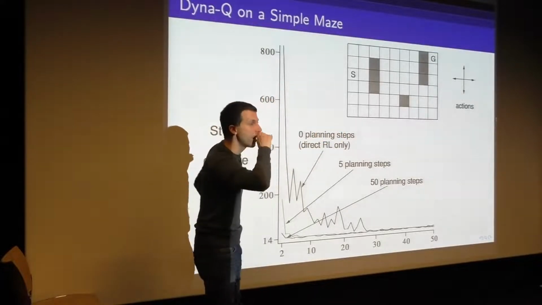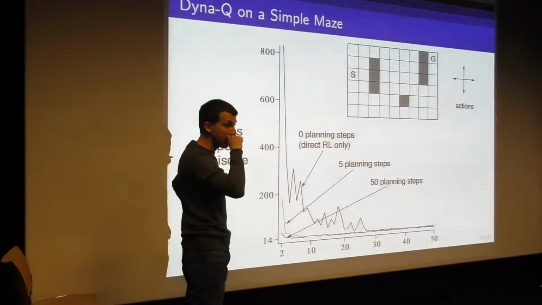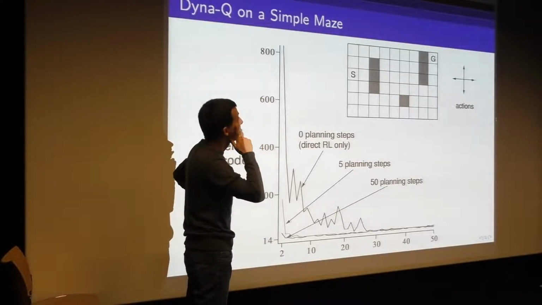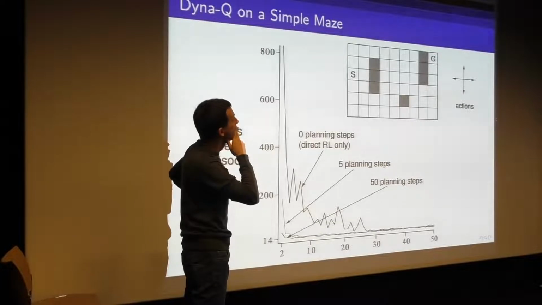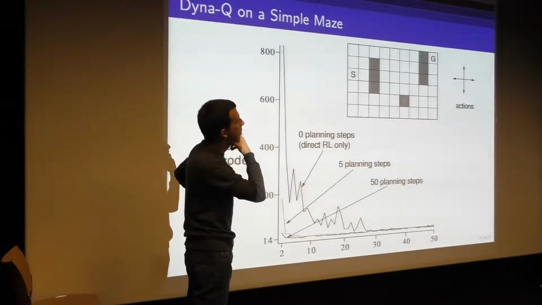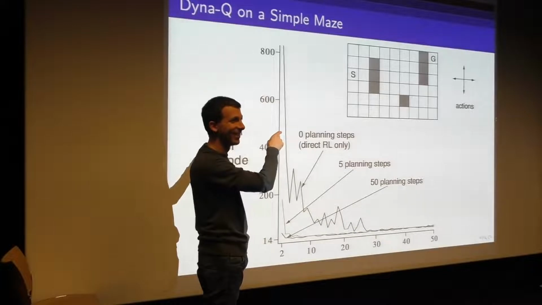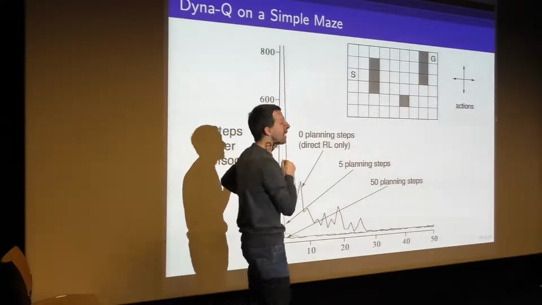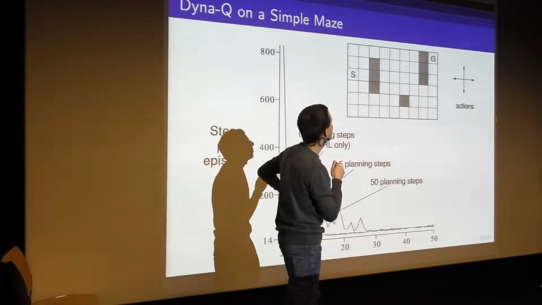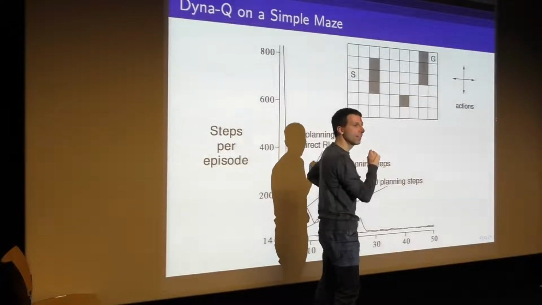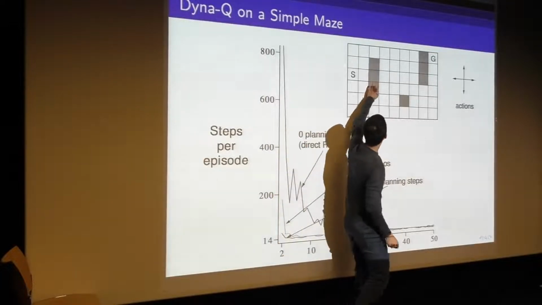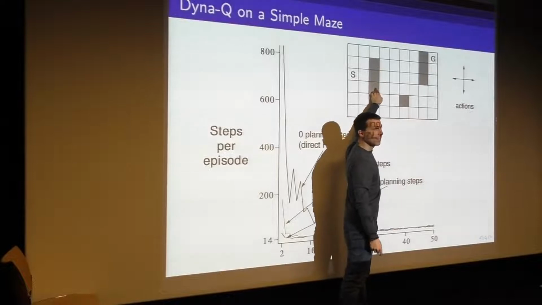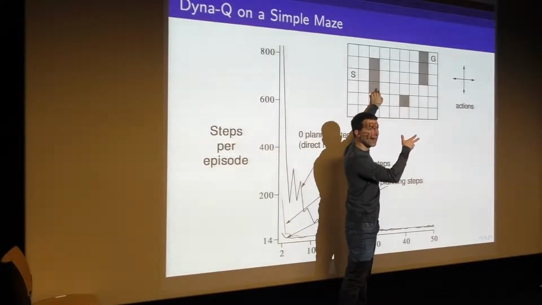Actually, even that's not true. Even within one episode, Dyna can do better. Not necessarily in this example. Imagine that we change the problem slightly, and we make it the case that these are bad states that you could randomly go into and that really hurt you.